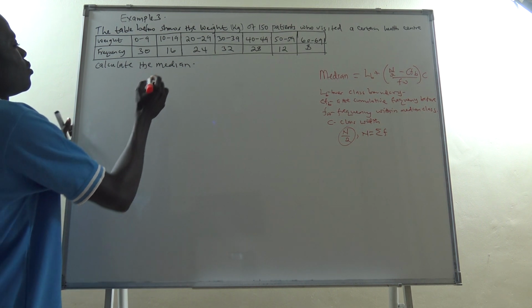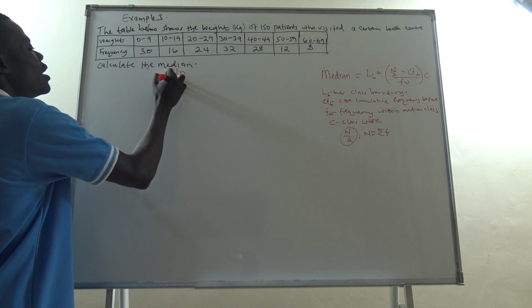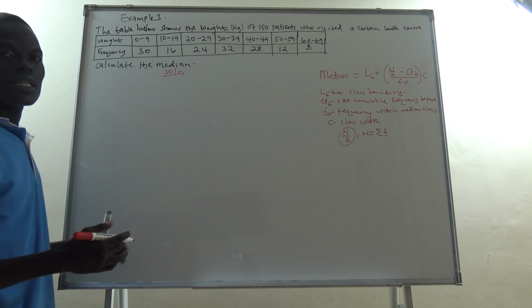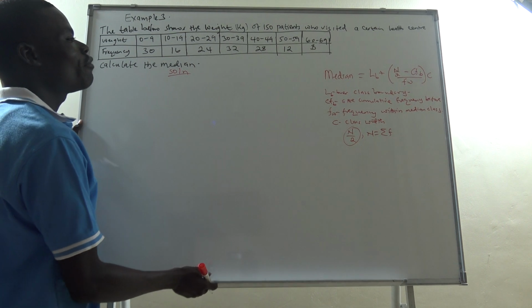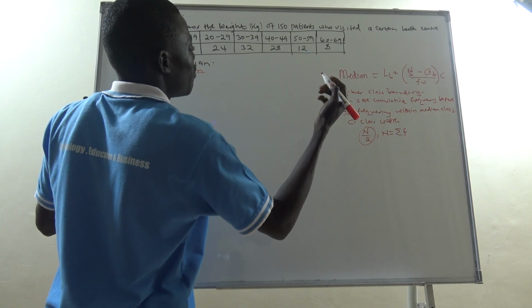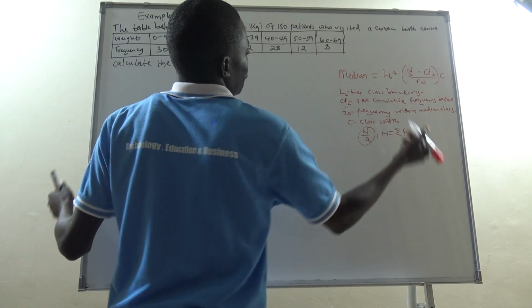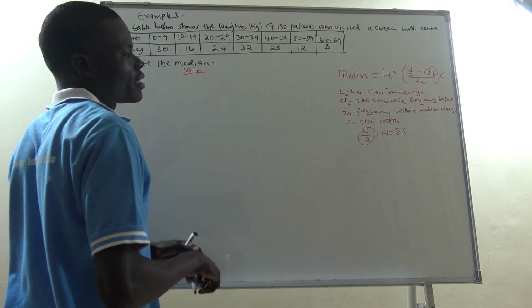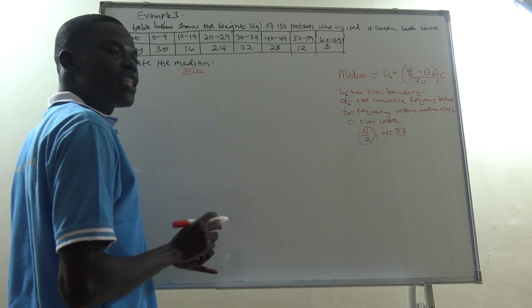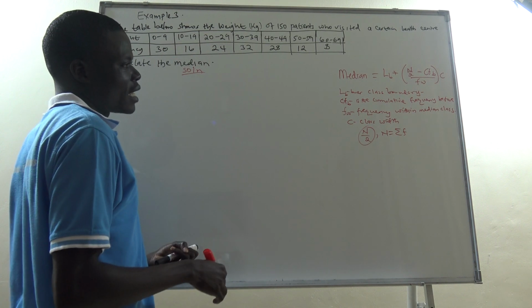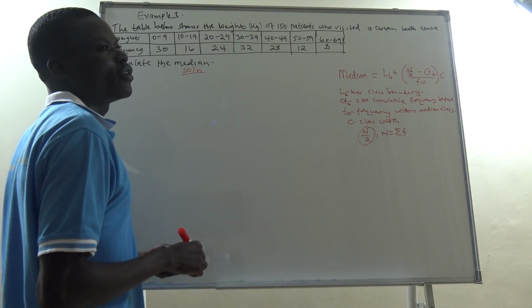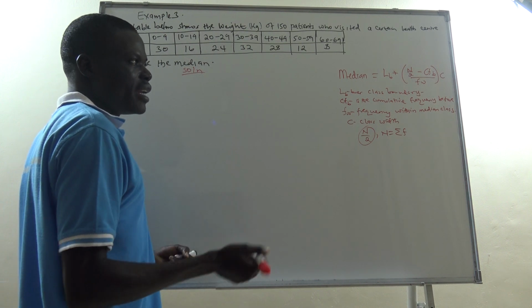So let us start with our frequency distribution table. When attempting any question of this sort, you need to first construct a frequency distribution table. Now for this one, median is given by LB, which is the lower class boundary. So in our frequency distribution table, the column for class boundaries must not be missing. If it is missing, then you must calculate it after you have got the median class.